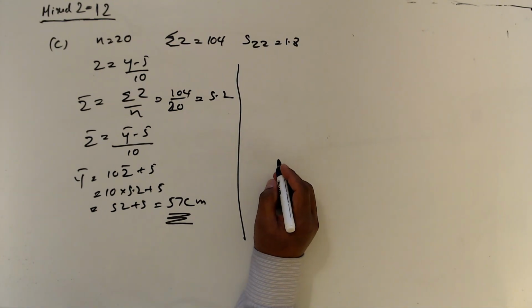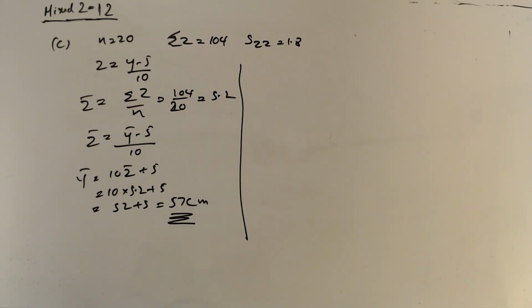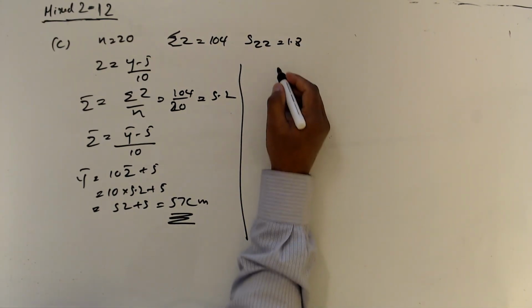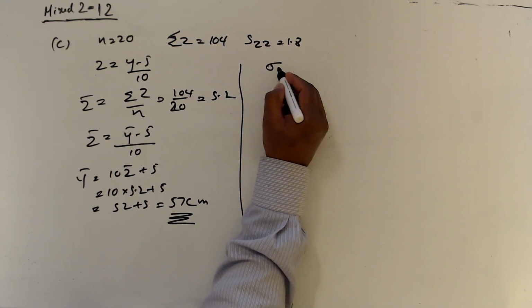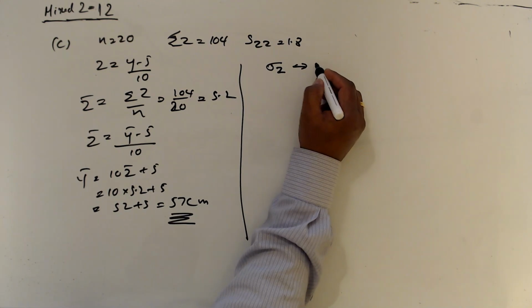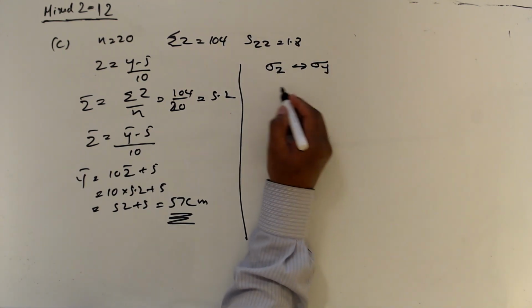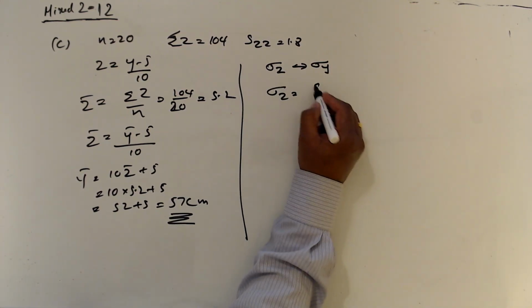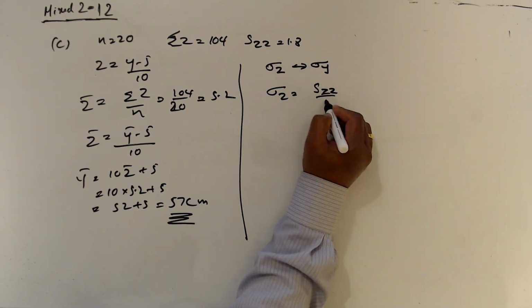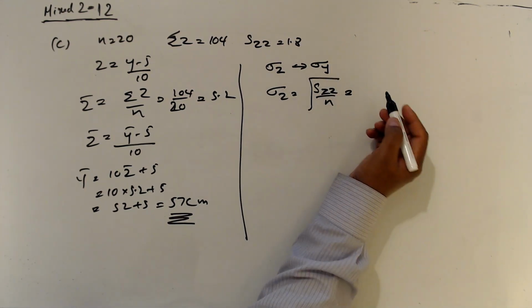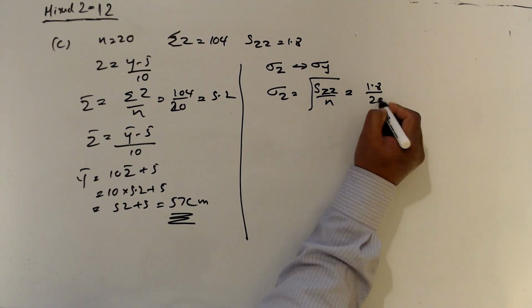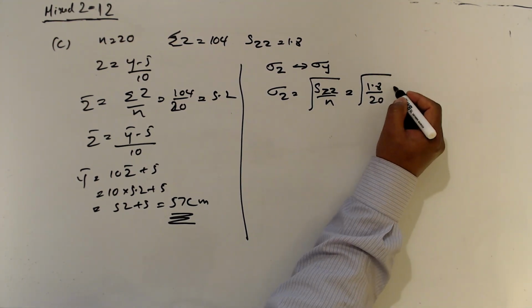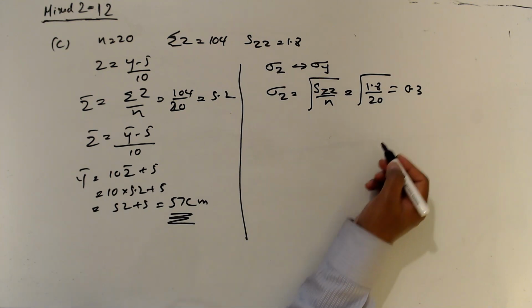Then we want to work out this one first, sigma z, then I can calculate sigma y. Sigma z is the square root of Szz over n. So this is going to be the square root of 1.8 over 20, which equals 0.3.